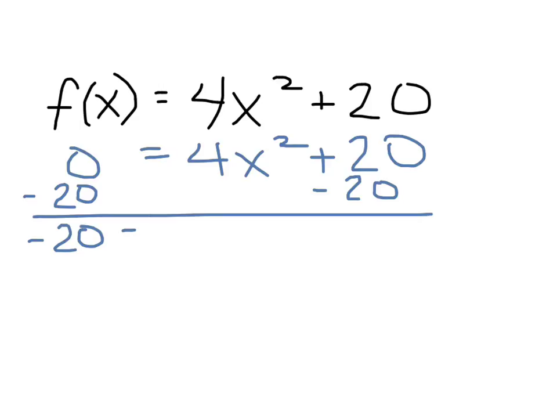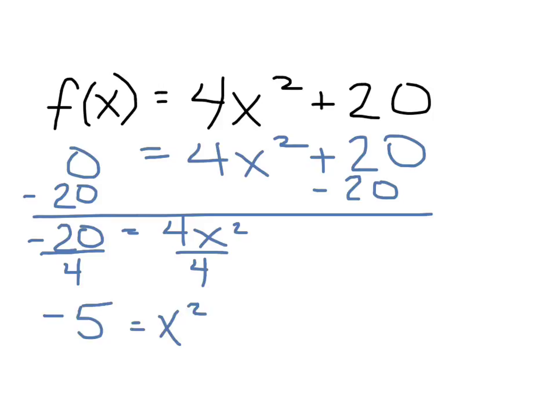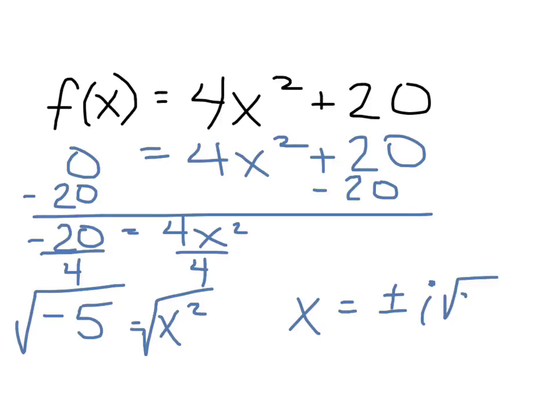Negative 20 equals 4x squared. Divided by 4. What's negative 20 divided by 4? Negative 5. Now how do I get rid of the square? Square root it. So I got x equals, what's the square root of negative 5? Plus or minus I square root of 5.